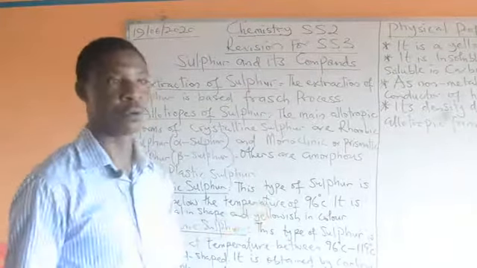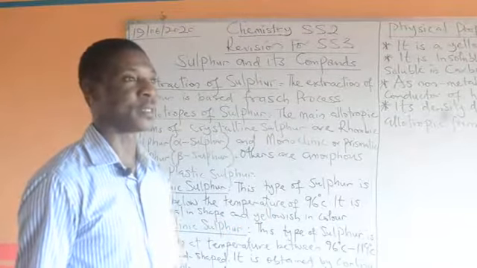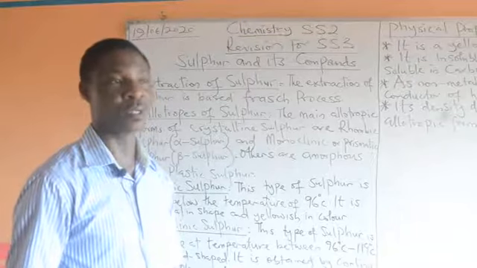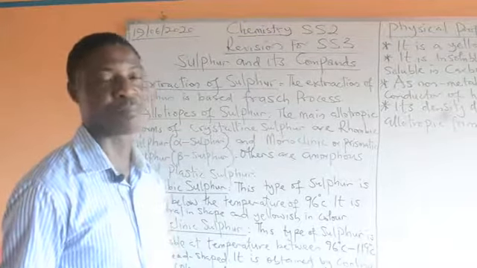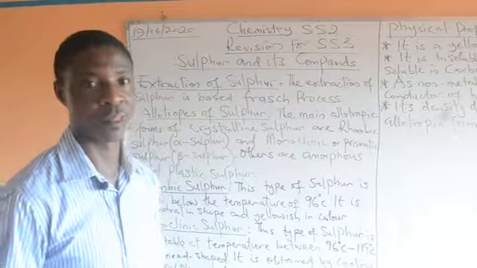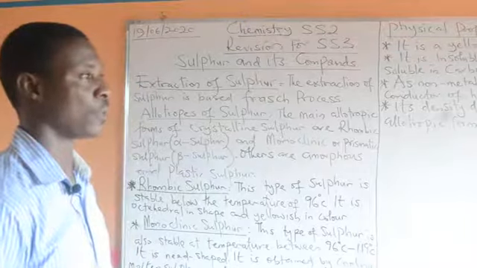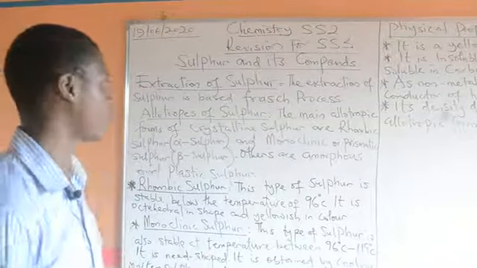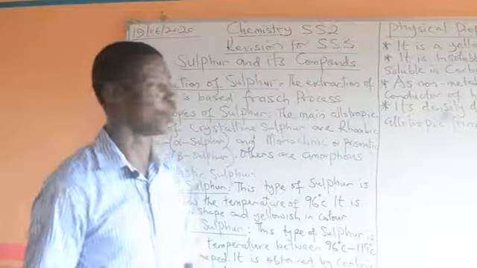That sulfur, which is the primary target, is 99.5% pure. That is to tell you how pure the sulfur is, which simply means that it contains little or no impurities.